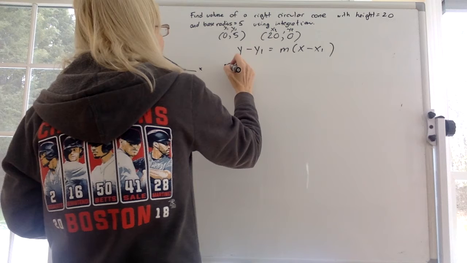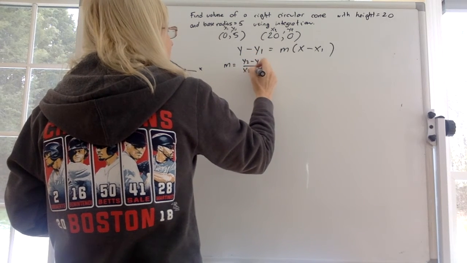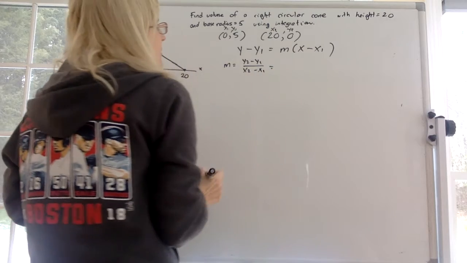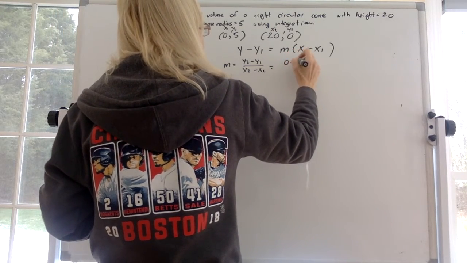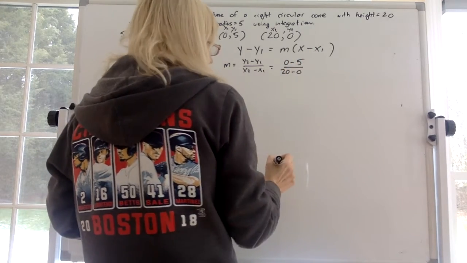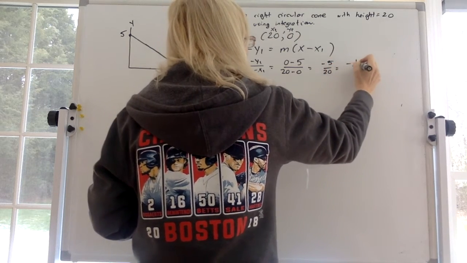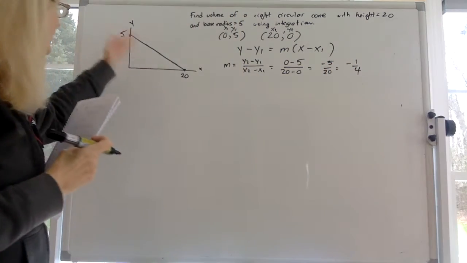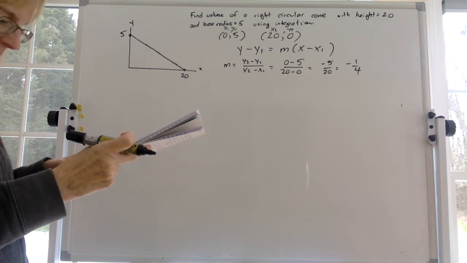So how do we find the slope? Let's do that first. Remember, it's change in y over change in x. So what would that be? That'd be 0 minus 5 over 20 minus 0. So what do you get? Minus 5 over 20, which is minus 1/4. And it makes sense because the line's going down from left to right, so you should have a negative slope, right?